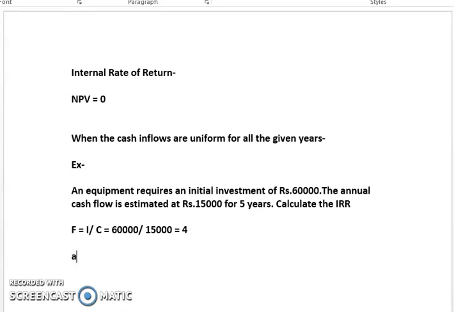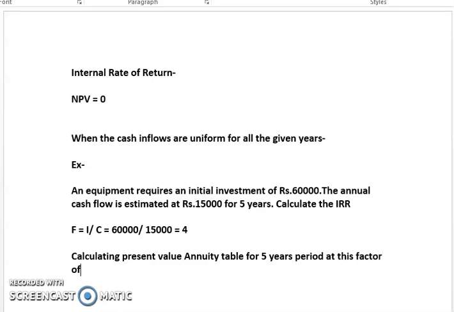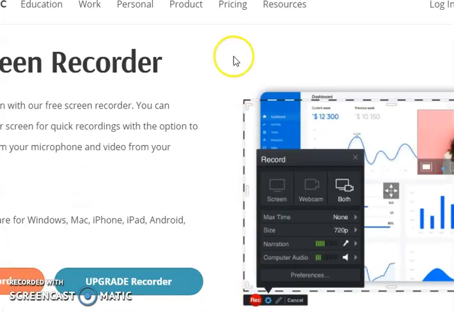So for the factor of 4, we are going to find the discount percentage in the annuity table. Maybe I can show you how we are going to do it.